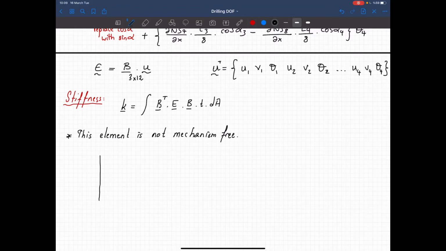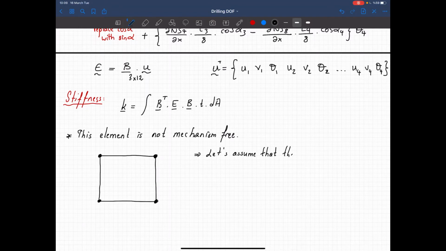I have a square element. Let's take a look at that.